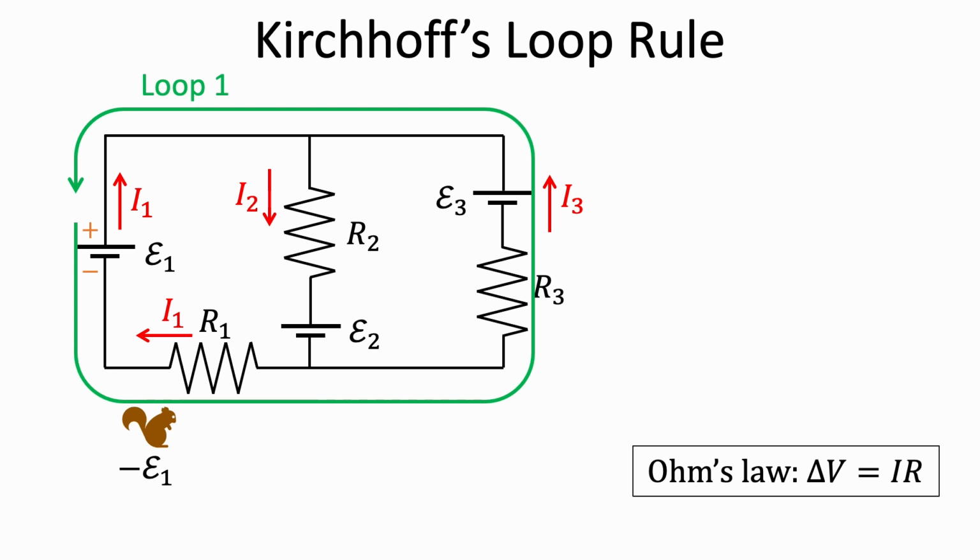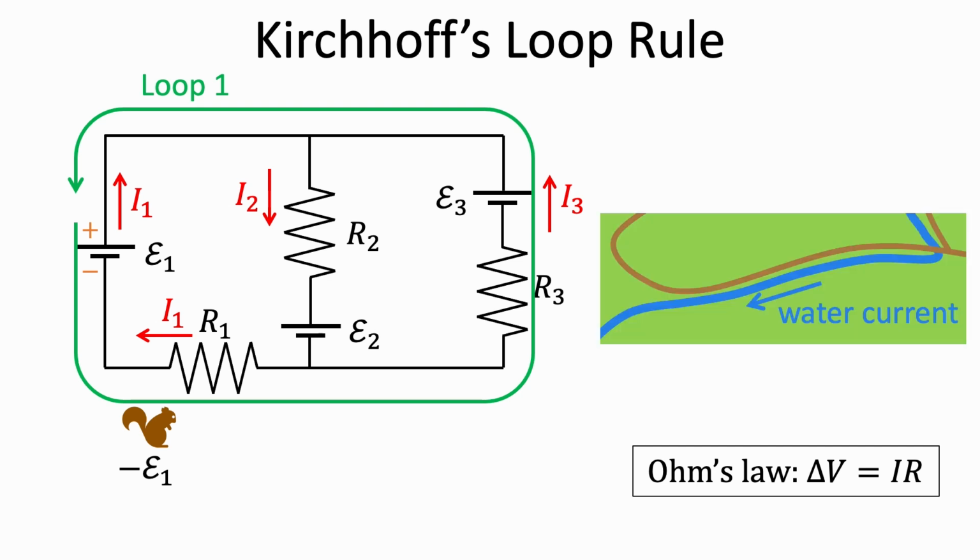To determine this, it might be helpful to use an analogy with river flow. Water naturally flows from a higher elevation to a lower elevation. So if the river flows from right to left as it is shown in the schematic diagram, we know that the right side must be at a higher elevation than the left side.